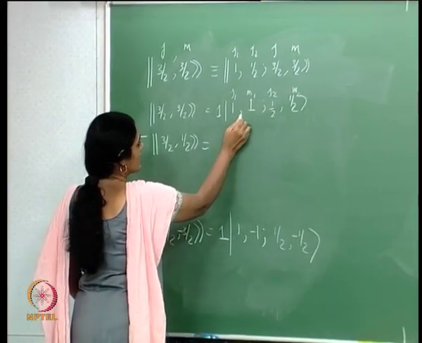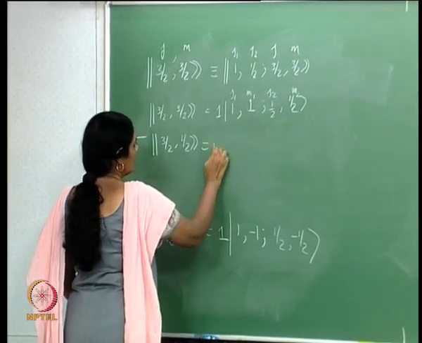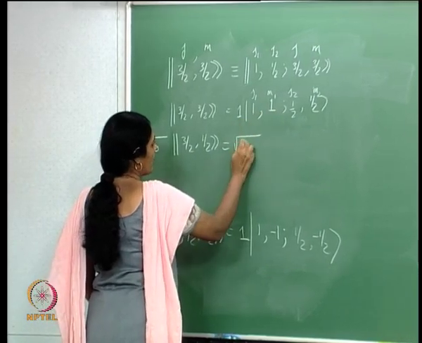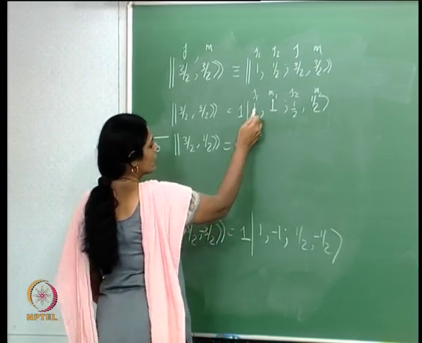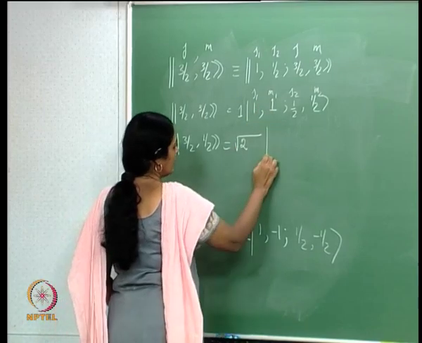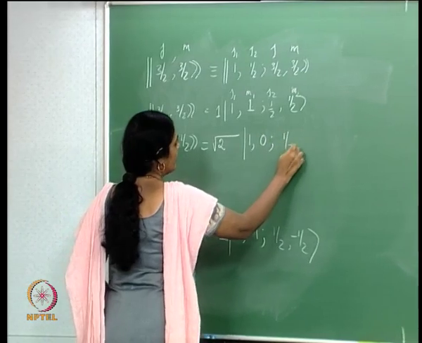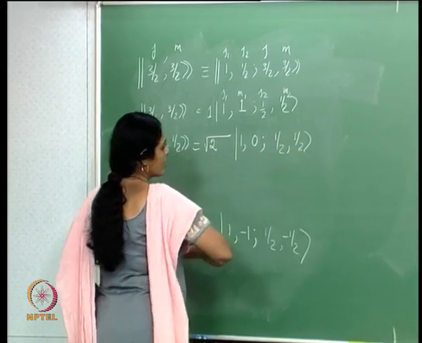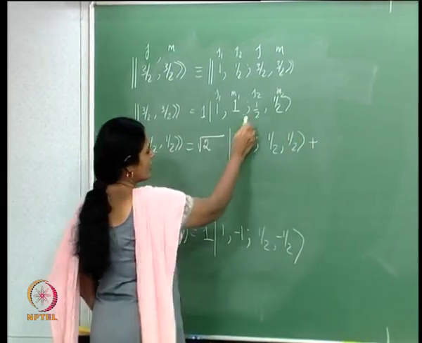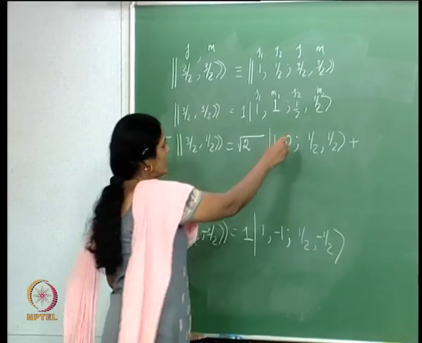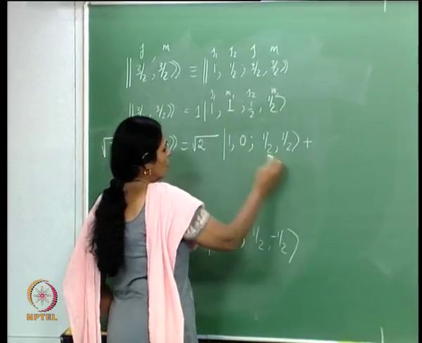Here J1 minus acts on this, leaving that alone, pulls out a coefficient root of J1 plus m1 times J1 minus m1 plus 1, reduces m1 to 0, leaves J2 and m2 as such. J2 minus acts on this and leaves this alone.